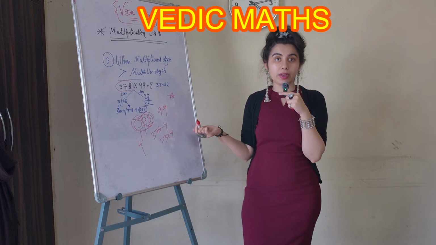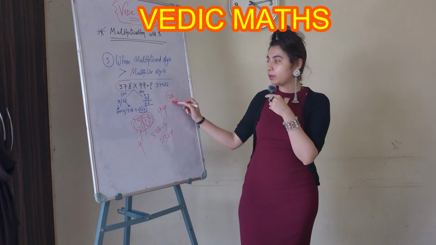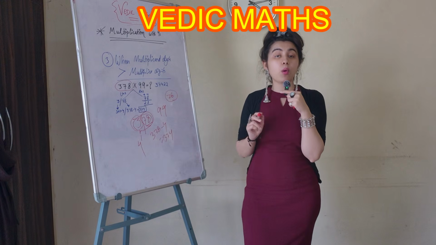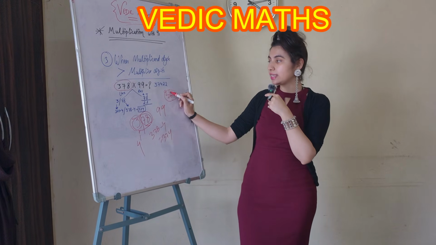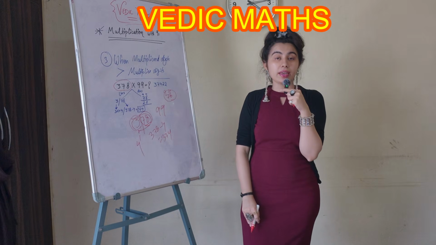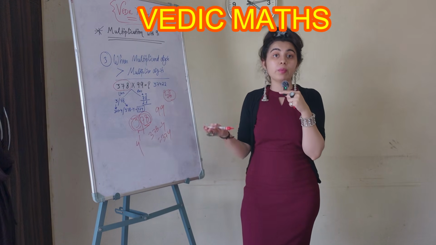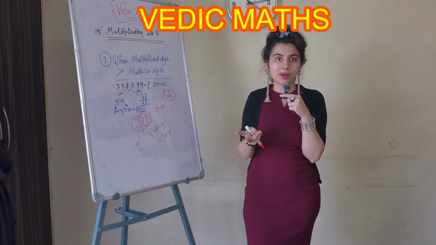What's the complement? We subtract all from 9 and the last from 10. So 7 will be subtracted from 9, and 8 will be subtracted from 10, because here only 2 digits are there.